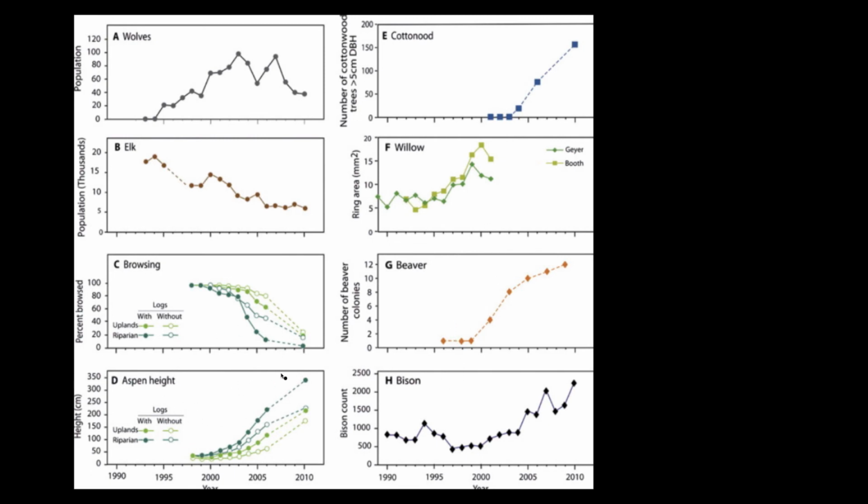And because you have more cottonwoods and more willows, now there's more food for beavers. And the beavers will produce what? Dams. The dams will also slow up that water and will allow for it to clear.